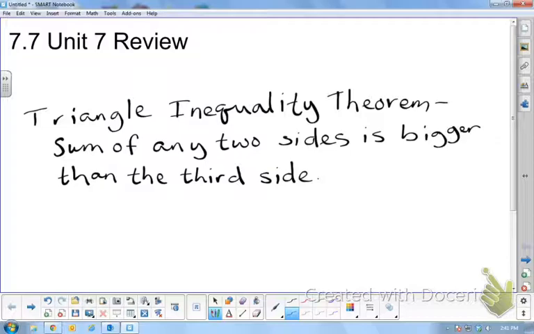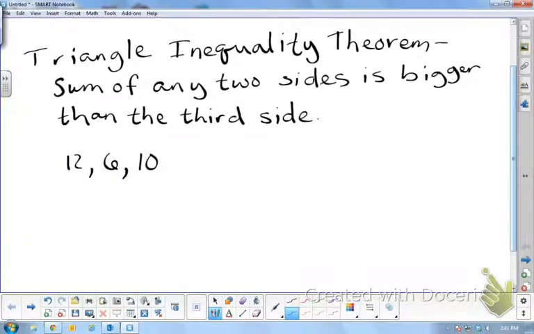So if I had 12, 6, and 10 as my sides, if we were going to prove if this was a triangle or not, we would add together two of the sides and see if they're bigger than the third. If I add together 12 and 6, I get 18. Yes, that's bigger than 10, so we're good.